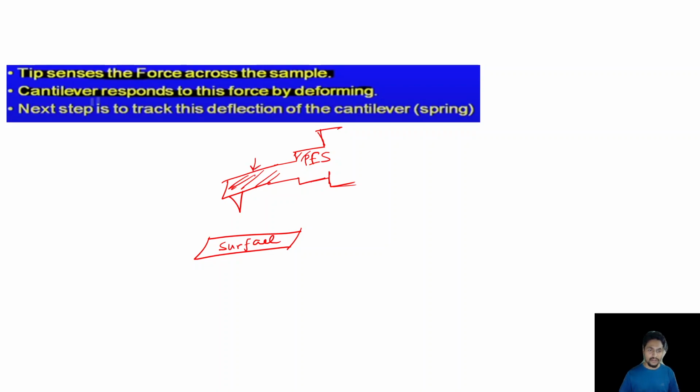So this is the cantilever, this is the tip, and this is the surface. Now the AFM works mainly in three steps.